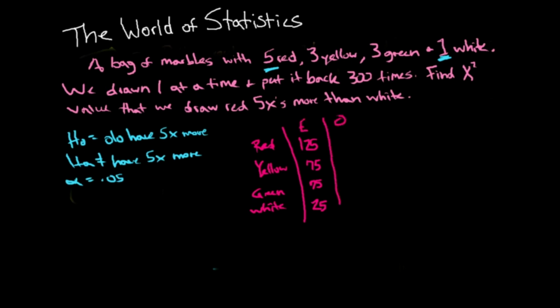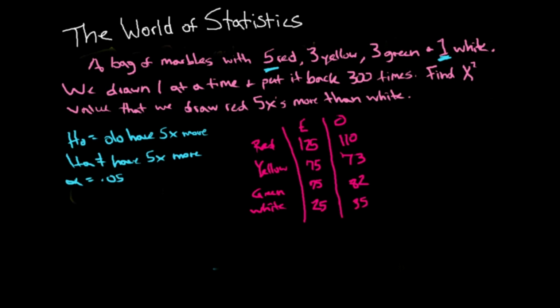What we actually observed was 110 reds, 73 yellow, 82 green, and 35 whites. So that's what we observed happening.